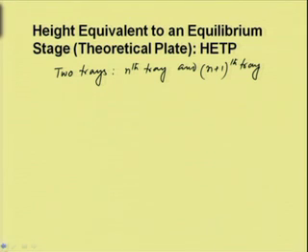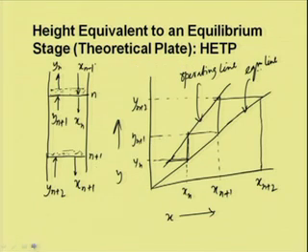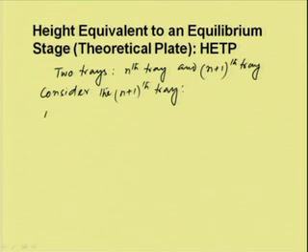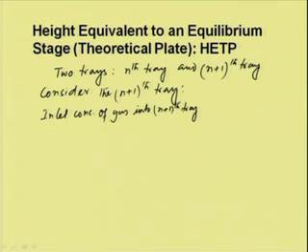Now, if we consider the n plus 1th tray and do the balance, the inlet concentration of gas into the n plus 1th tray is equal to y n plus 2. This is in mole fraction.